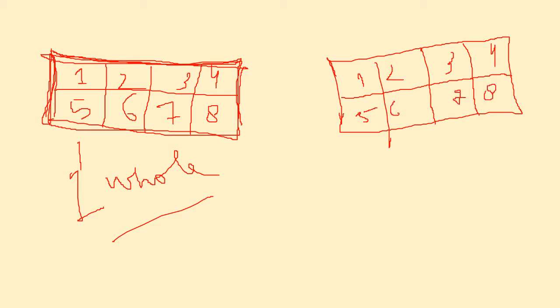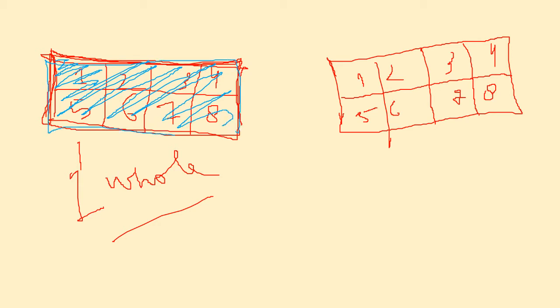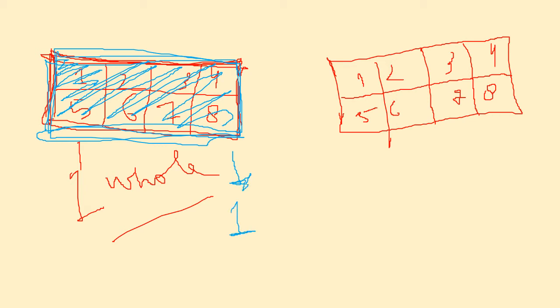So now we take all these parts. We take this rectangle as a whole, and obviously it's 1 because we have taken our rectangle as a whole.